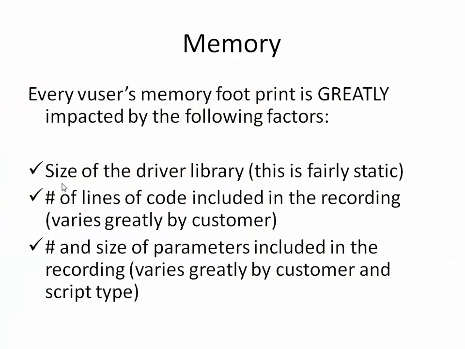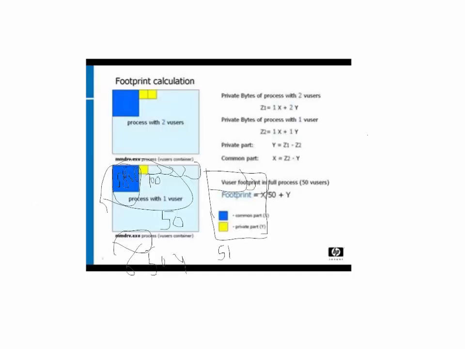I hope it is very clear now how to calculate the memory footprint. Memory footprint is how much memory is taken for one user, and there is a private part and a shared part as well. For the private part, you calculate the memory for 2 users and subtract the memory for 1 user, and that gives you the private part.